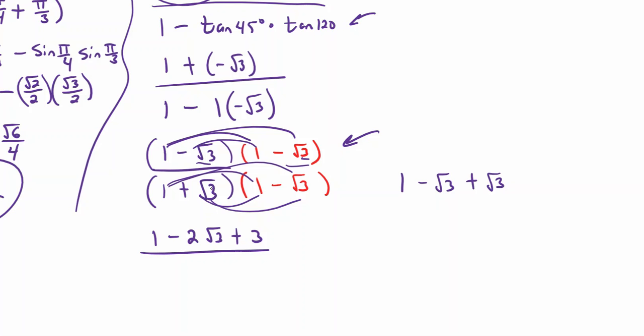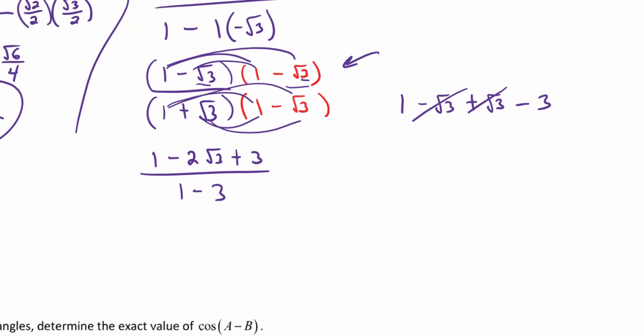And then root 3 times root 3 is just plus 3. And right here is the whole reason we did the conjugate pair thing. Those cancel each other out. Oh, my bad. Root 3 times negative root 3, sorry, that should have been minus. Maybe you guys were seeing that. Okay, so 1 minus 3.